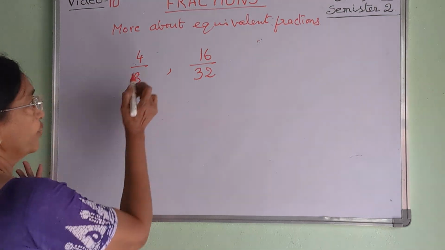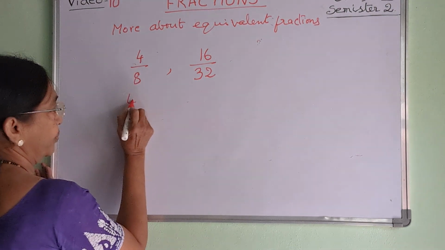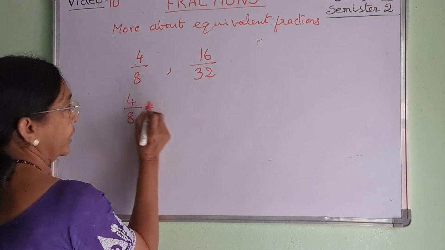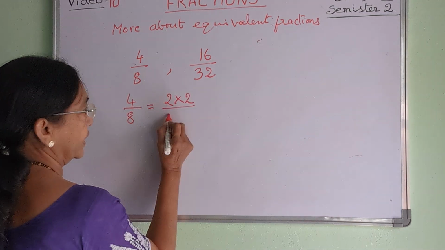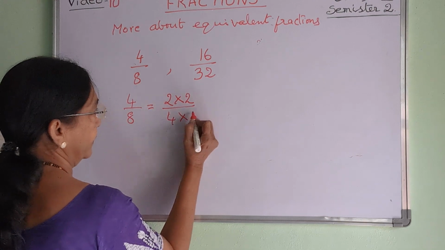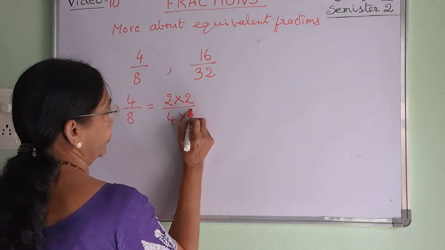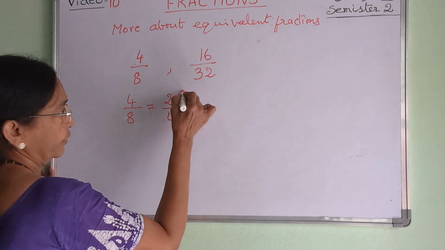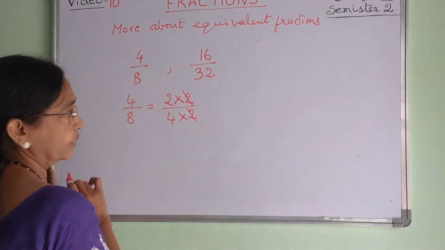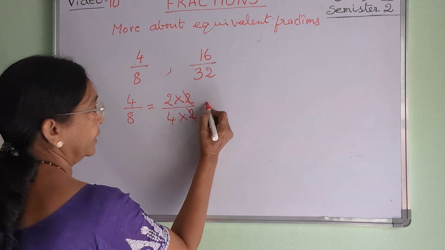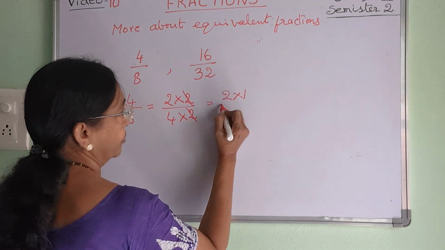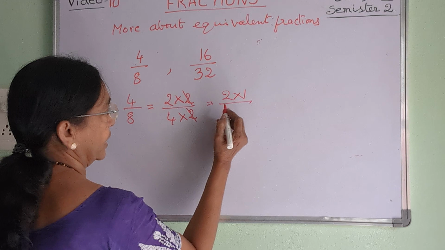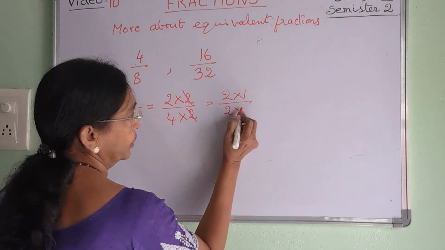Now 4 by 8: 4 can be written as 2 into 2 and 8 can be written as 4 into 2. Therefore we get 2 and 2 gets cancelled. Again 2 can be written as 2 into 1 and 4 can be written as 2 into 2.